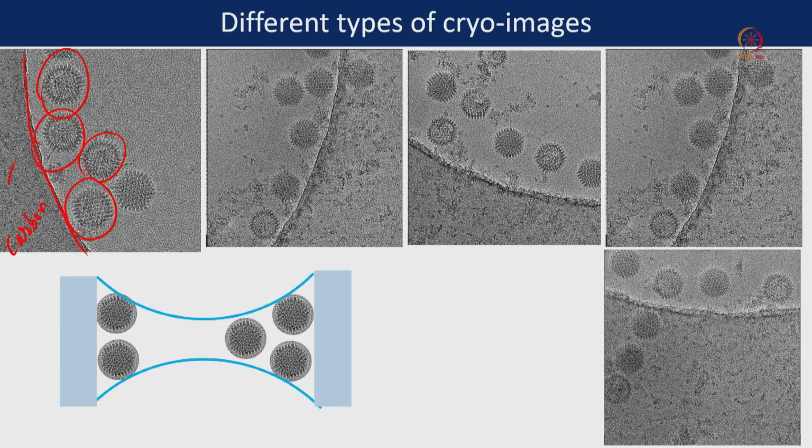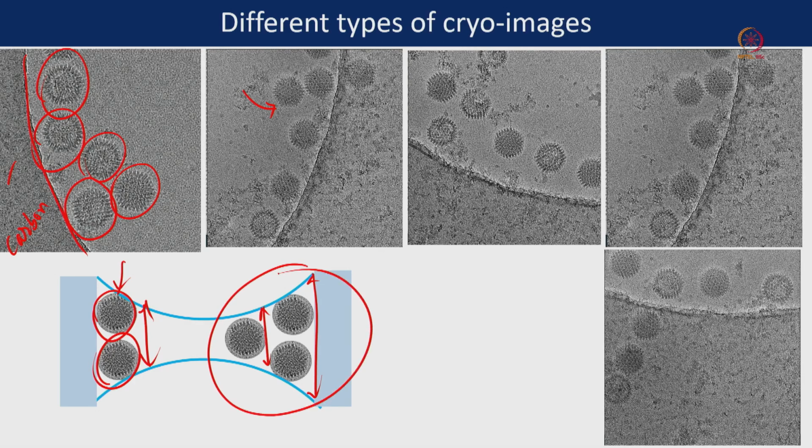Because near the carbon area we have thicker ice. If you measure the ice thickness here, most of the thicker ice is here, and those large particles will be happy if they stay near this thick area. That is one of the reasons that liposomes or virus particles stay near the carbon area.